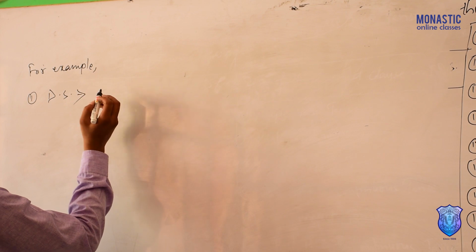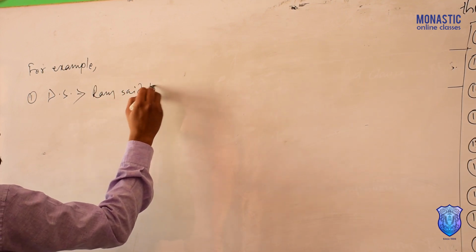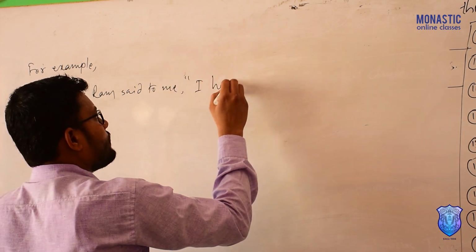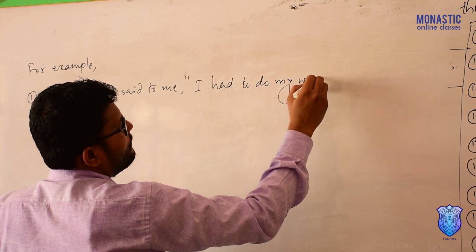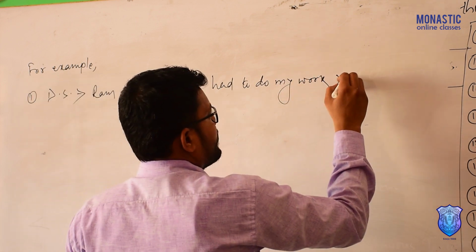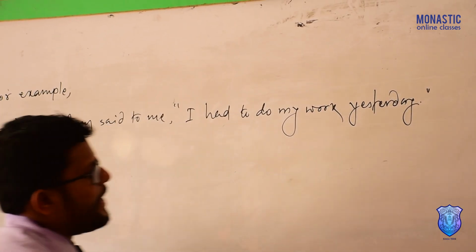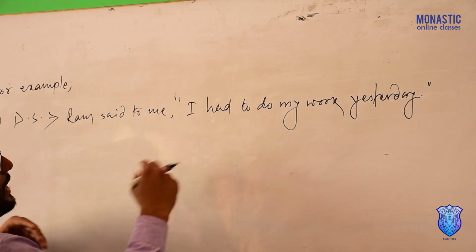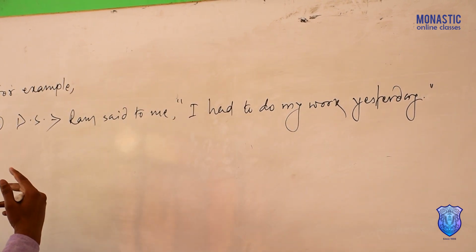Suppose there is one student whose name is Ram, who said to me, I have to do my work yesterday. What you have to understand from here is that the speaker has a compulsion that he has to do his work yesterday, and he's talking about the past time.